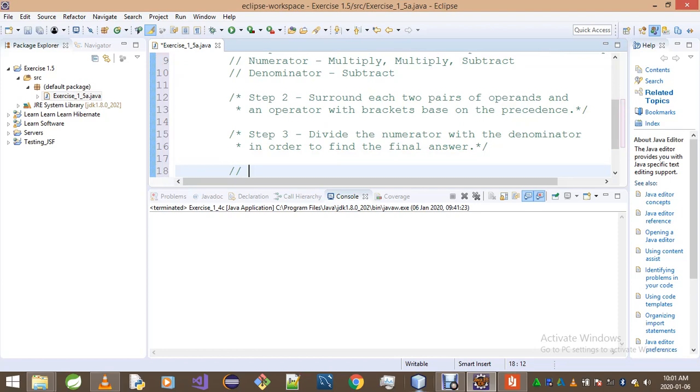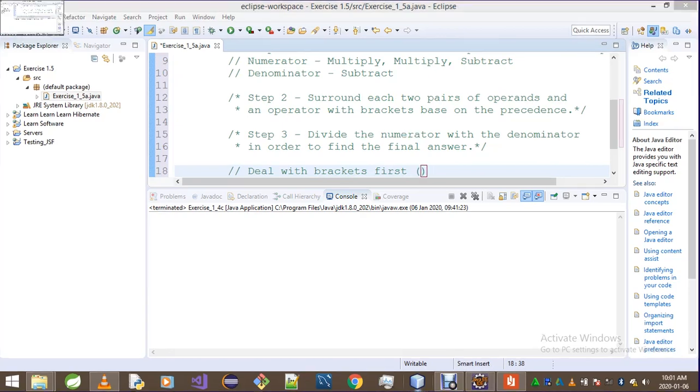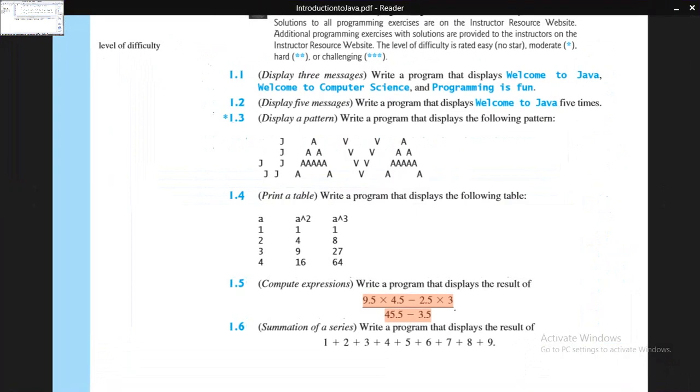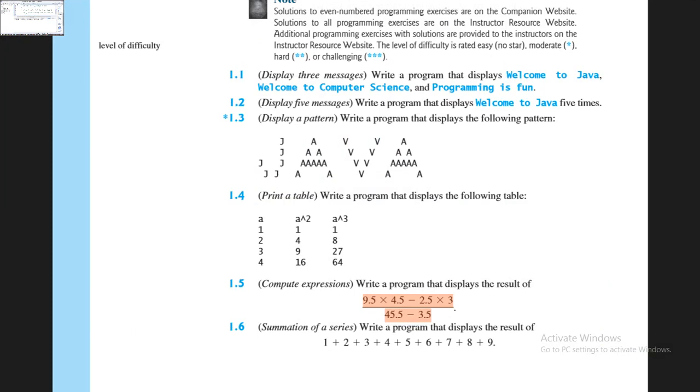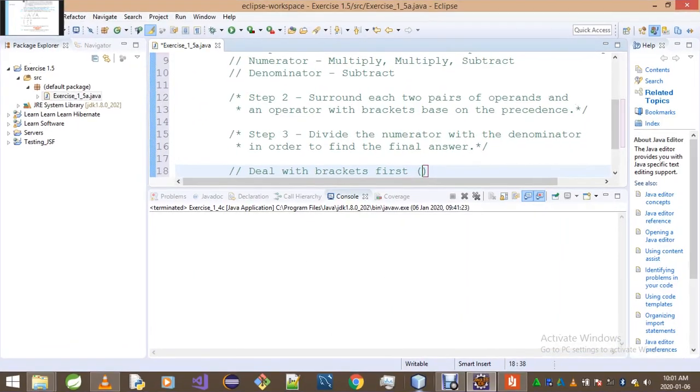We're gonna deal with brackets first. So we're gonna have 9.0 multiplied by 4.5.